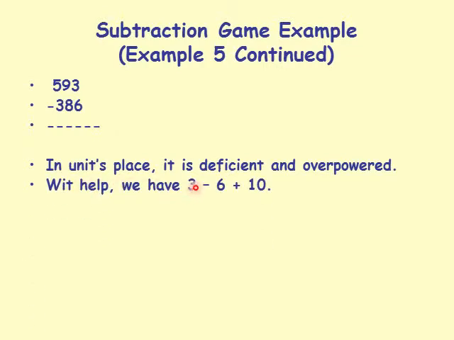Rule number 2 says we would get a help of 10 from the left, which you can count on. The help is 10 units. So 3 minus 6, after we got a help, is 3 minus 6 plus 10. How would we regroup this? Would you do 3 minus 6? We don't know how to do 3 minus 6 easily.